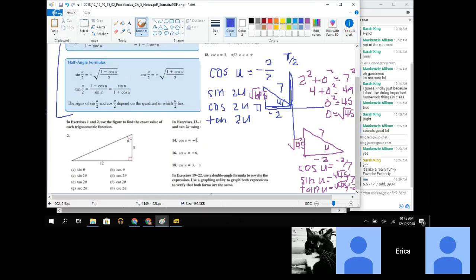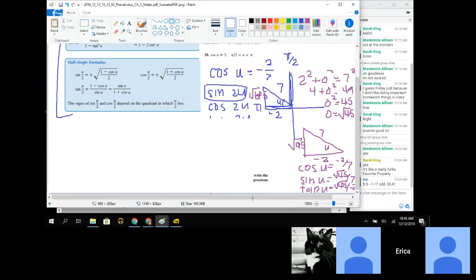So now if I want to find the sine of 2u, I need more space. We'll just erase that. If I want to find the sine of 2u, I know that the sine of 2u is 2 times the sine of u times the cosine of u.